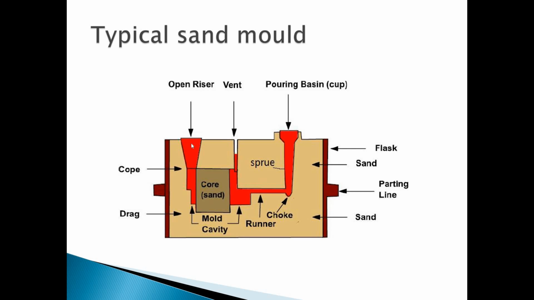From the open riser, by observing from outside, you can see whether your liquid metal has reached inside or not. If you see liquid metal in the open riser, it means that the liquid metal we have poured from the basin has reached your mold cavity.